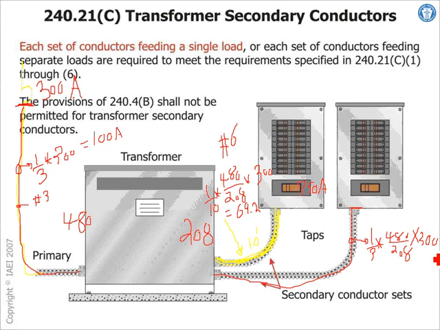If you take 480 divided by 208, multiplied by 300, divided by 3, that's a third. This conductor in a case like this cannot be smaller than 231 amps. Cannot be smaller than 231.